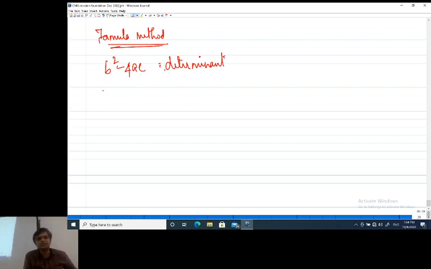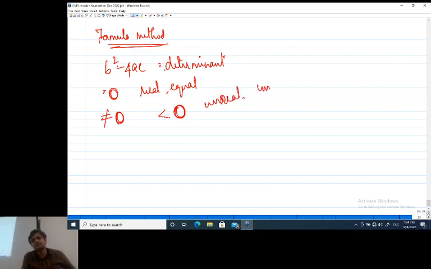So if this value is equal to 0, then the roots are real and equal. If this value is not equal to 0, the first subdivision: if it is less than 0, then the roots are unreal, that is imaginary.